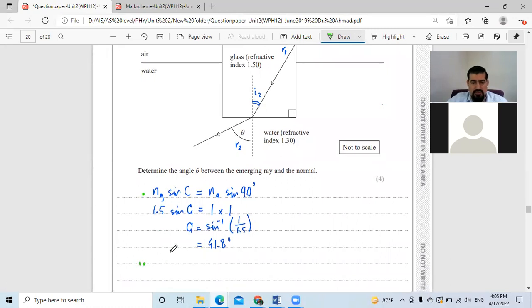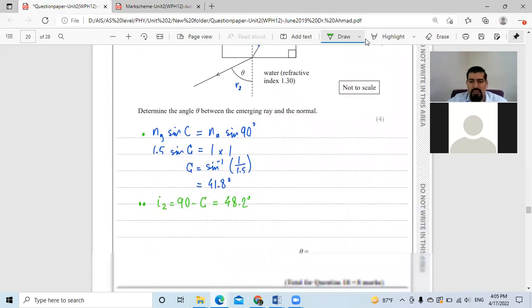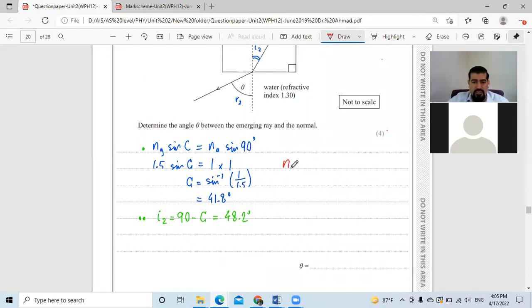So I will use it to find I in the second situation. I in the second situation equals 90 minus the critical angle, which will be equal to 48.2 degrees. Then I will use it to find the angle theta, which is R in water. So in glass, N sine I in the second situation, which is 48.2, is equal to N water sine R2, which is theta.